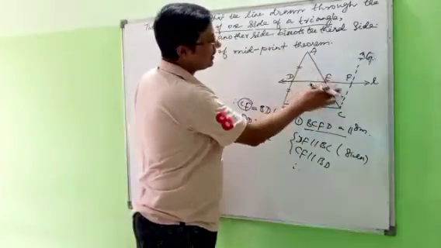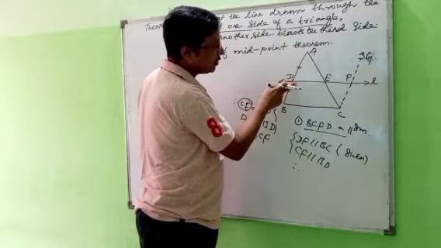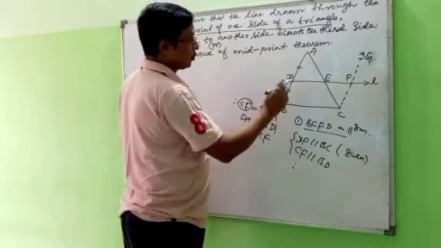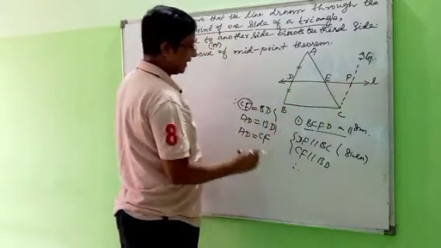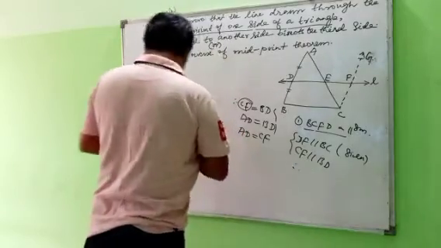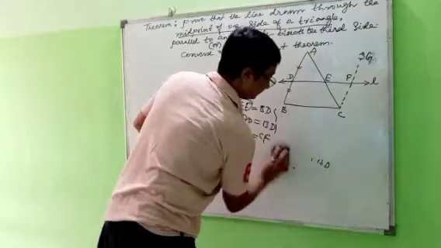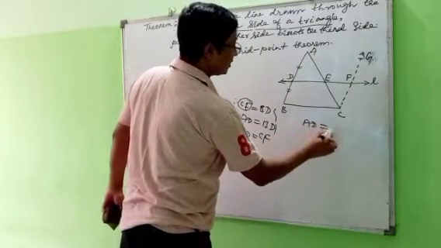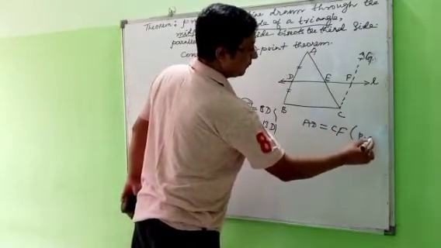So by making triangle AED congruent to triangle CEF. Now how to prove? In these two triangles you have got AD equals CF. This is proved above.